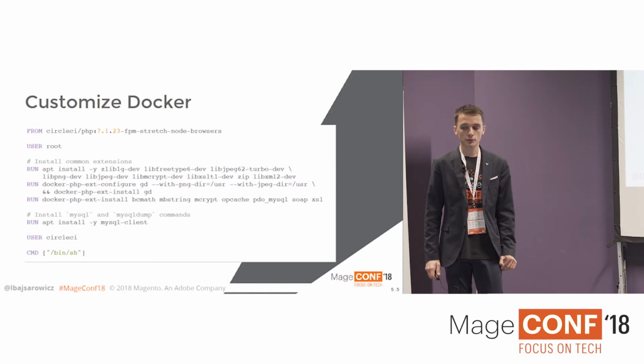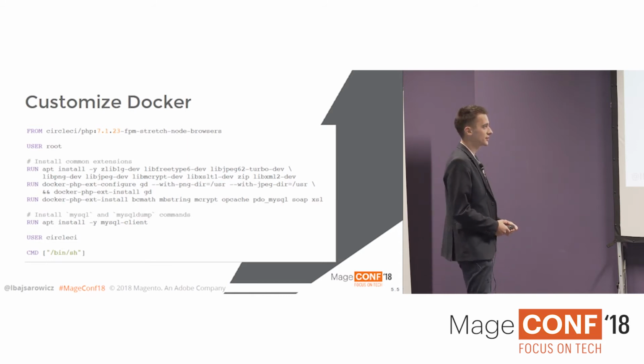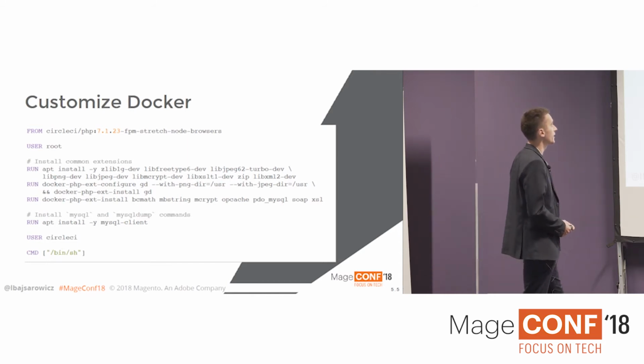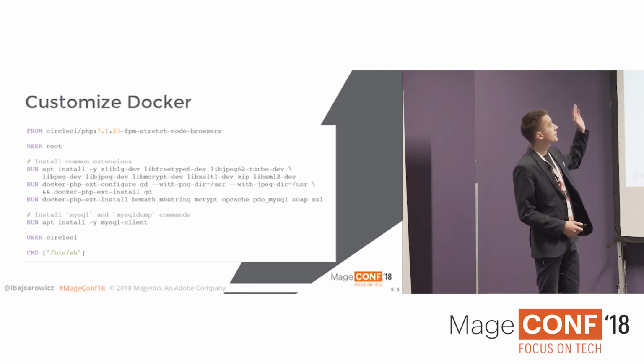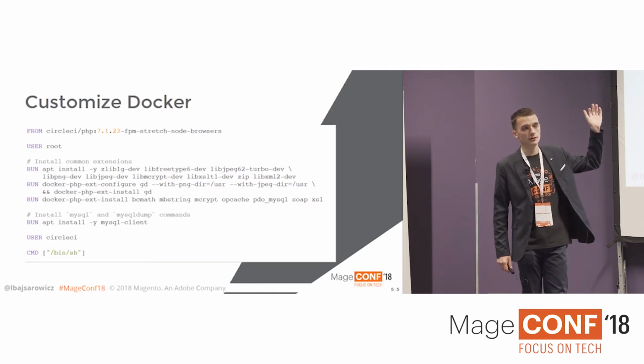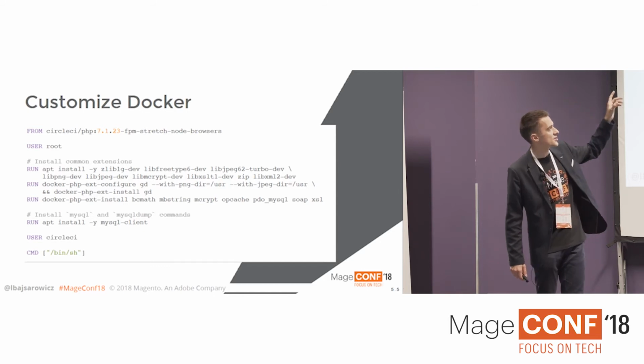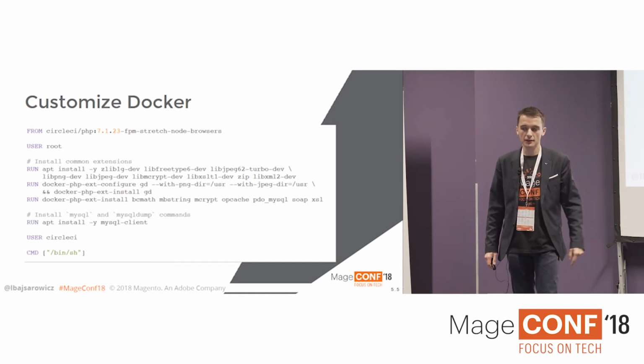You just have to customize the Docker image that is provided by CircleCI. So I extend the CircleCI PHP image, and you might notice stretch node browsers that will be imported later.